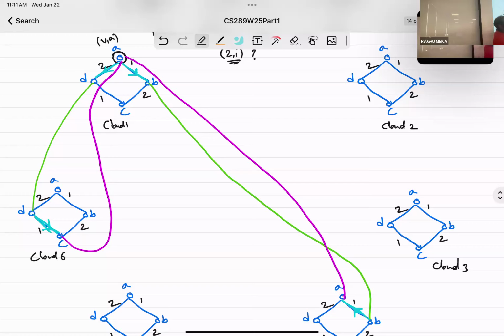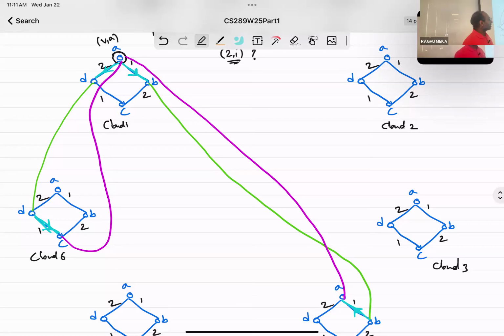Suppose I didn't have the other two. I only did the step within the cloud. What would the adjacency matrix look like? Again, this is a thought experiment. We're going to put everything together. But suppose I did not do the across cloud step and the second within cloud step, just the first within cloud step. Yeah?